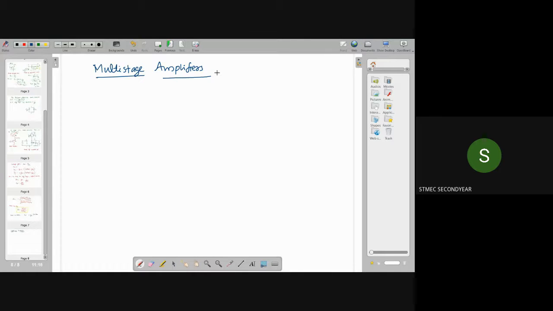Okay, so multi-stage amplifier, as the name indicates. Normally we have the common source amplifier, and in the BJT case the common emitter amplifier. So a single stage amplifier is a particular transistor with its biasing resistors and configuration. But the voltage amplification, power gain or frequency response obtained with a single stage amplifier is not sufficient to meet the requirements of our practical electronic devices.